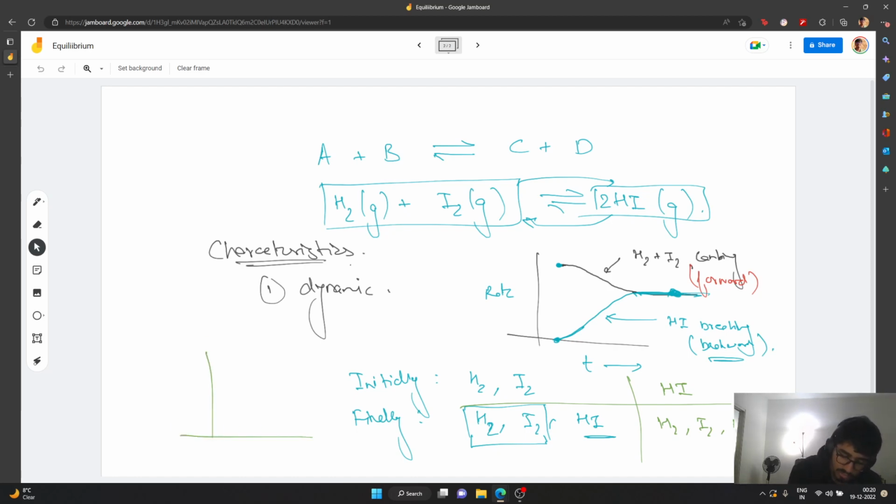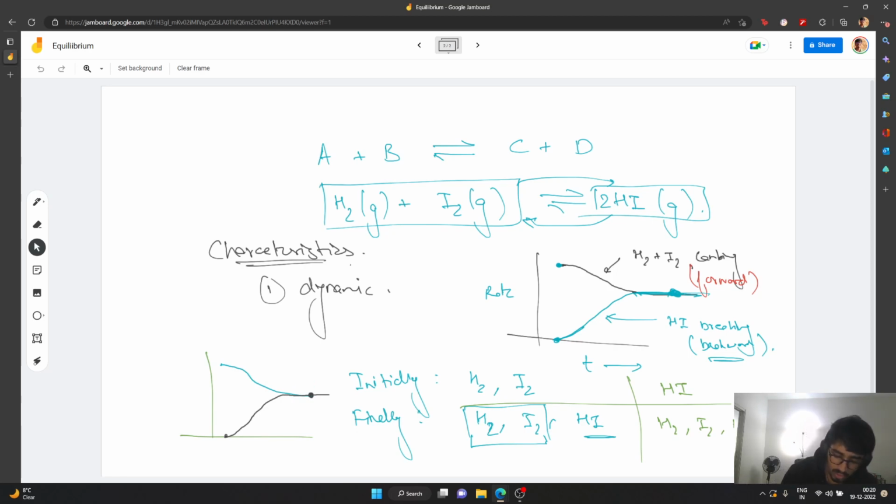The blue curve will be at the top, so HI concentration is high and then it settles down to a value. And the black curve is at the bottom, so you have 0 concentration of H2 and I2. But as soon as the HI is breaking, this concentration rises and then settles to a value. At that point, the reaction is kind of complete.